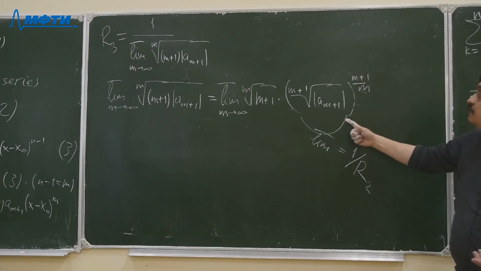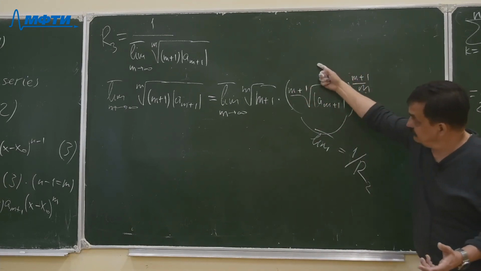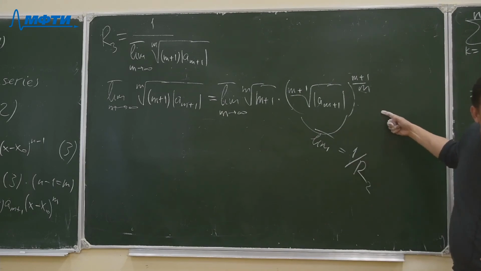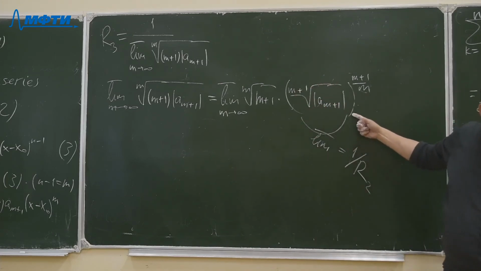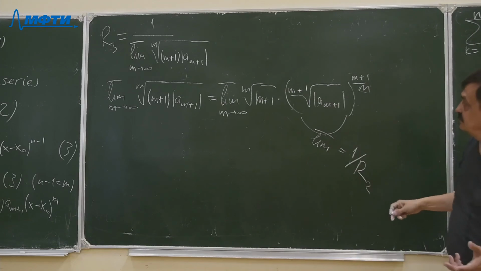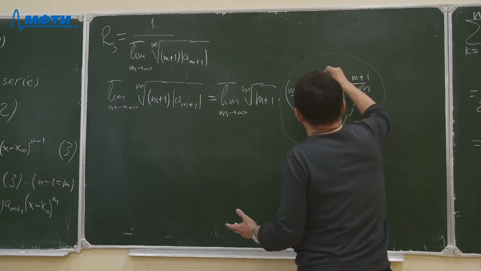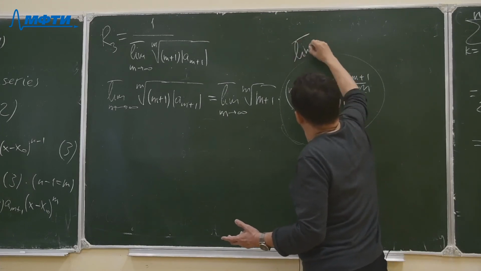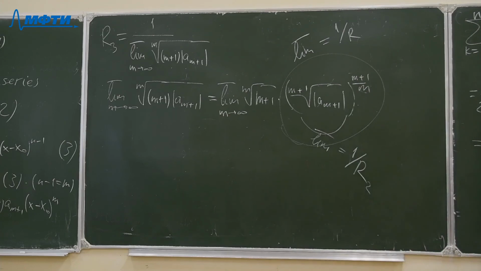Hence, an arbitrary convergent subsequence of that sequence has the same limit as the corresponding subsequence of this sequence, and it means that the upper limit of that one is also 1 over R2, right?